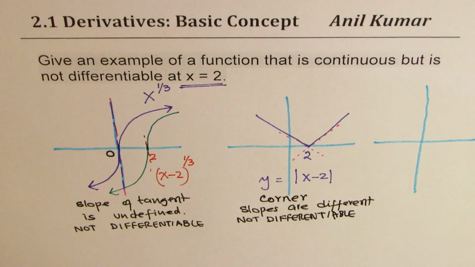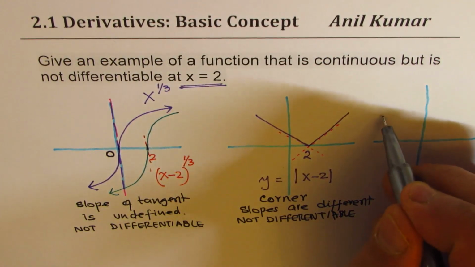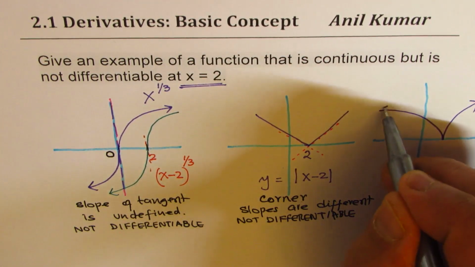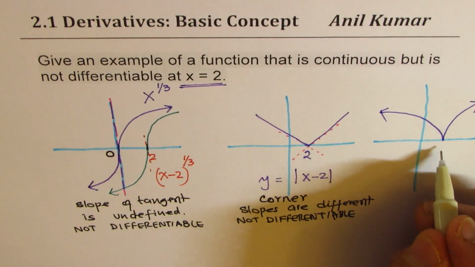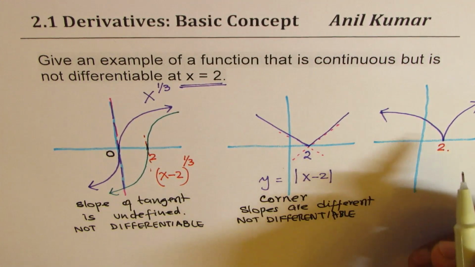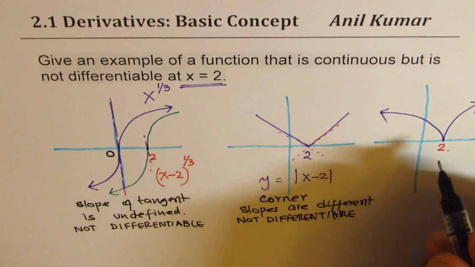Now another kind of function which you could draw and which is not differentiable could have a cusp here, right? So you could give any of these examples. So at 2, you could have a cusp as I've shown here, right? So a function which will be kind of like this will have a radical power.